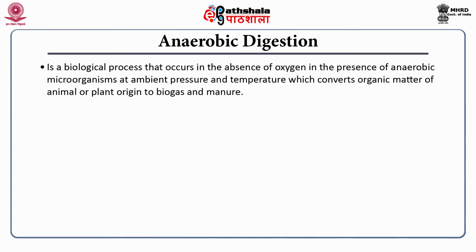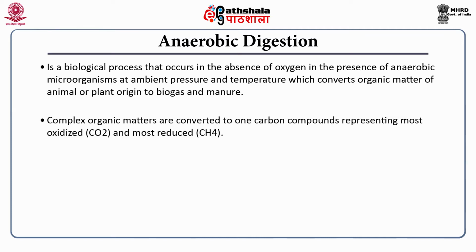It is a biological process that occurs in the absence of oxygen, in the presence of anaerobic microorganisms, at ambient pressure and temperature, that converts organic matter of plant or animal origin to biogas and manure. The complex organic matter is converted to one-carbon compounds, representing the most oxidized, carbon dioxide, and the most reduced, methane.